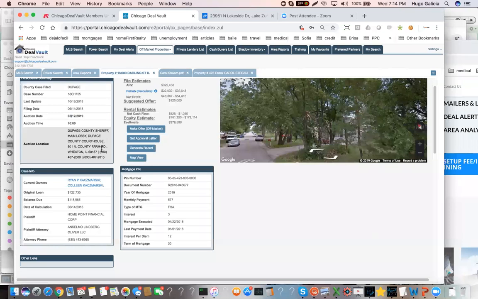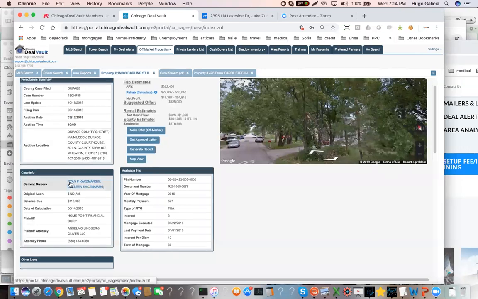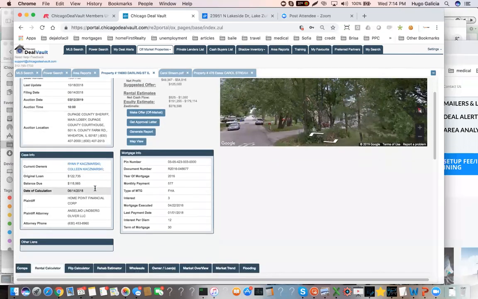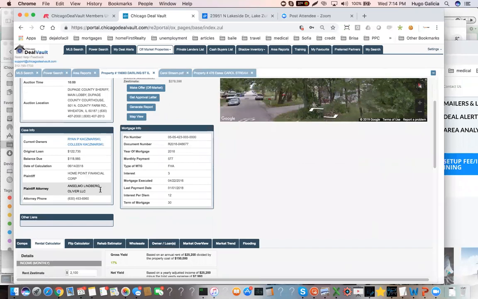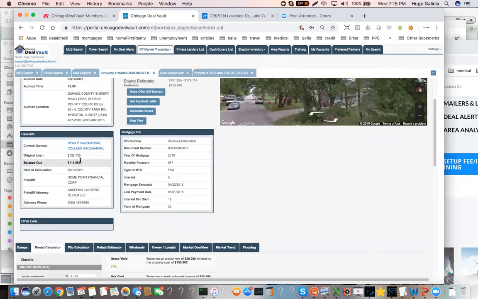But yeah, now, Hugo, in this property, the main owner died like 2 years ago. Now the heirs have it, and they don't have any will or probate or anything. And the property is already foreclosed. So how can you buy that? It was foreclosed in October.